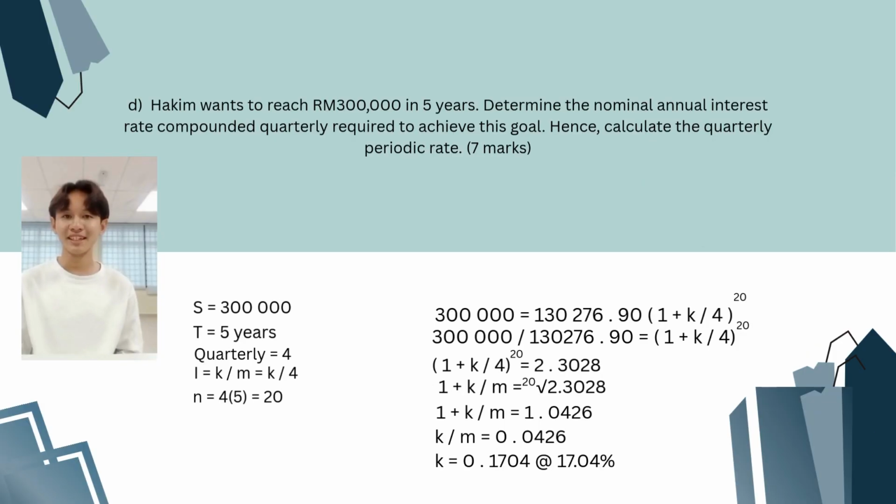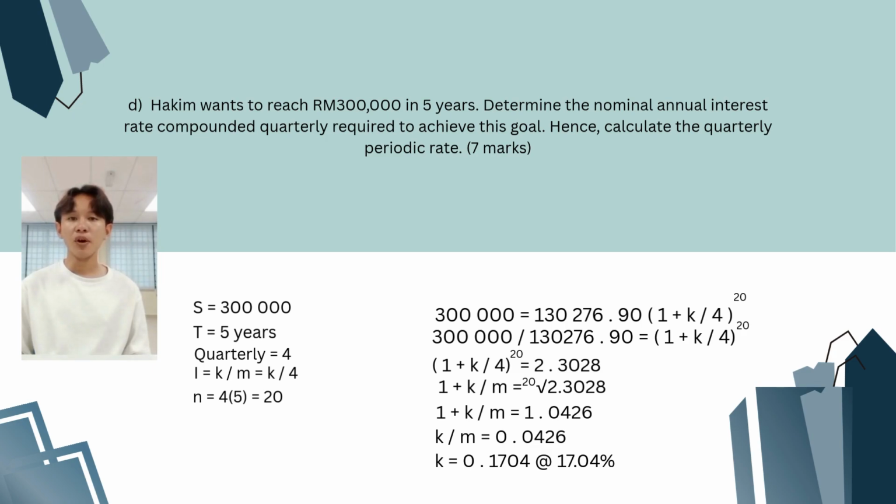Hakim wants to reach 300,000 ringgit in 5 years with interest compounded quarterly. The present value is 130,276 ringgit and 90 cents. The time period is 5 years, and since the interest is compounded quarterly, there are 4 compounding periods per year.